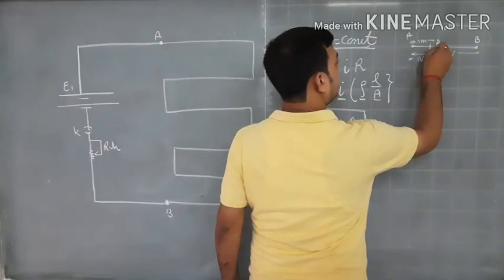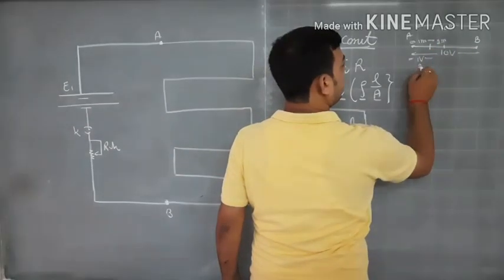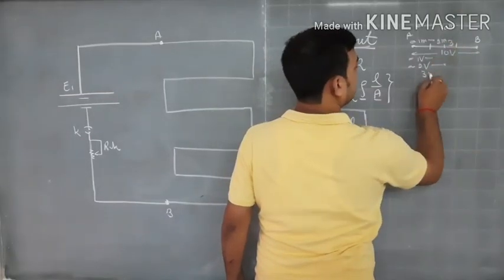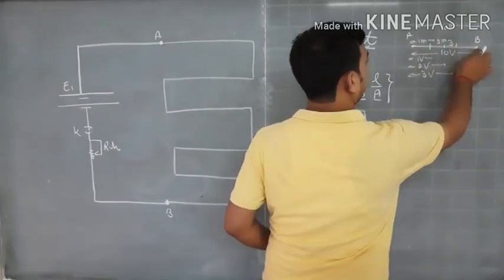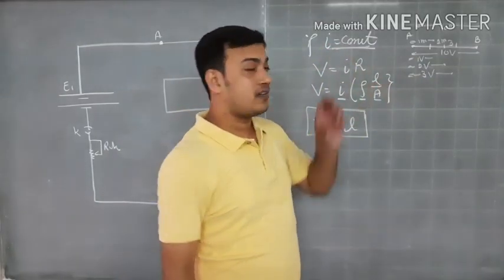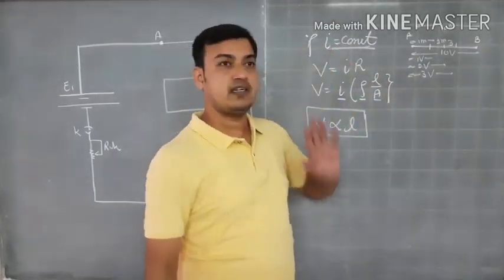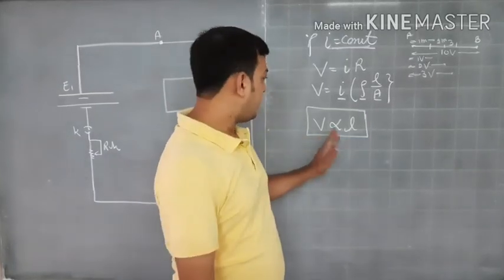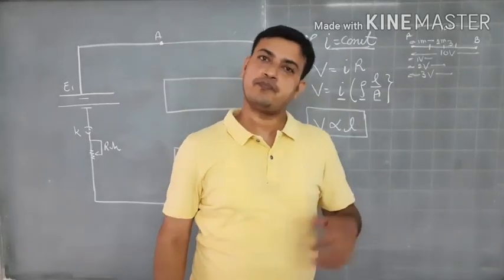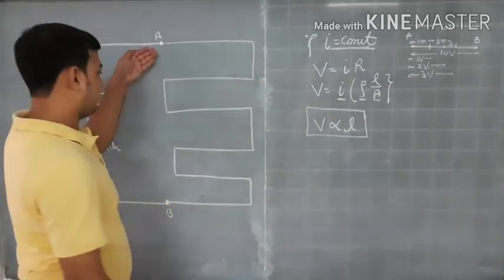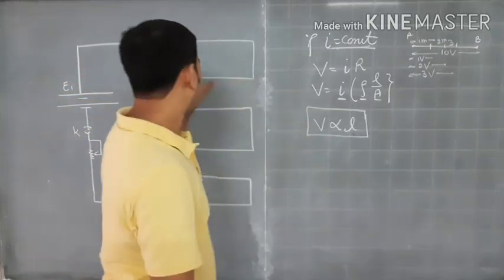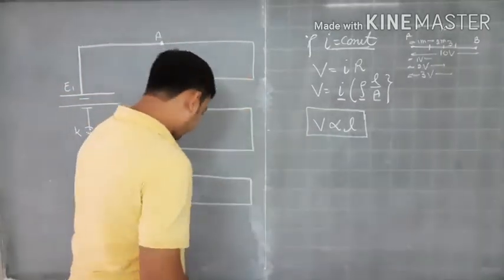If I double the length, 2 meter, the potential drop will be 2 volt. If I triple the length, the potential drop will be 3 volt. And if I take the complete 10 meter length, I will get a potential drop of 10 volt. But this is true when current in the circuit is constant. So as you increase L, the potential drop will also increase, and that is the working principle of this potentiometer. I hope it is clear to you.